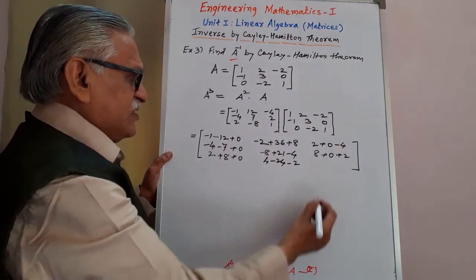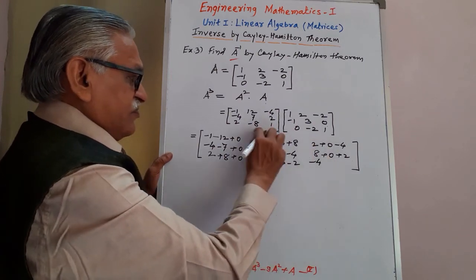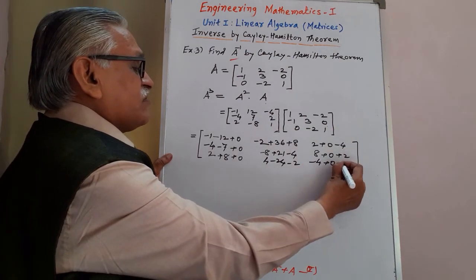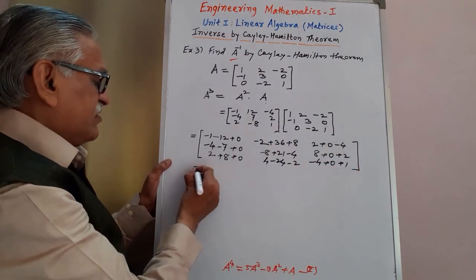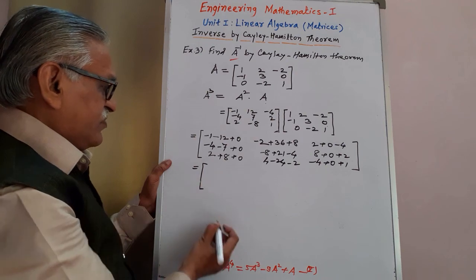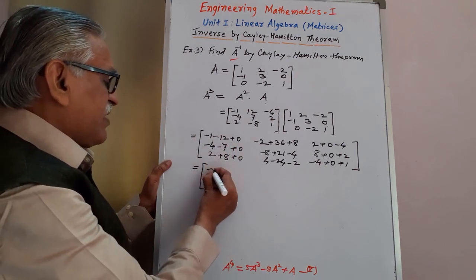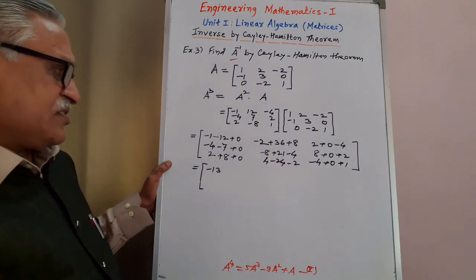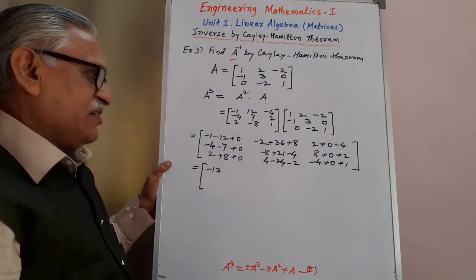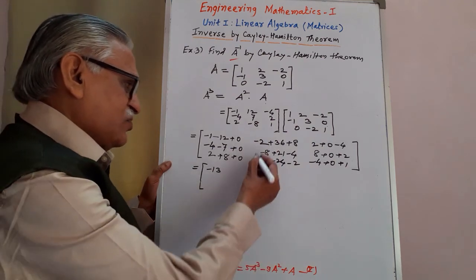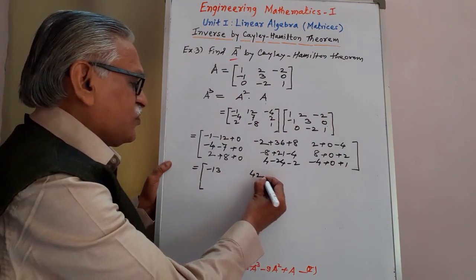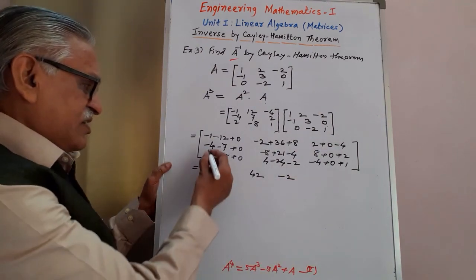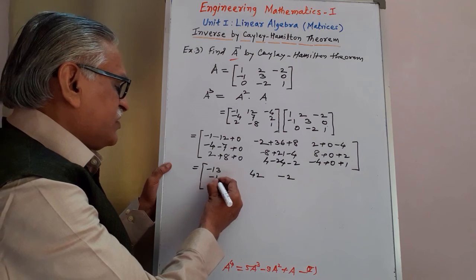Then the third column: 2 into 4, minus 4, 0 and plus 1. And then simplifying it, it is equal to minus 12 minus 1 we get minus 13 as the first element, 36 plus 8 is 44, minus 2 we get that element as 42, 2 minus 4 we get minus 2, minus 4 minus 7 is minus 11.